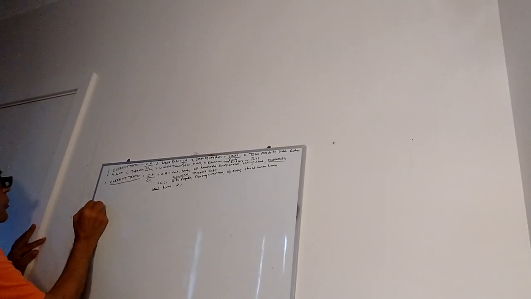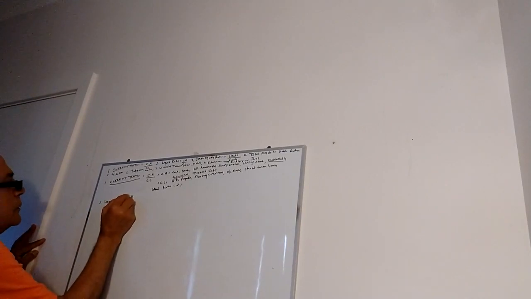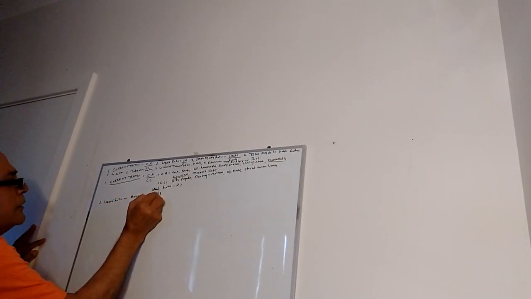Number 2, we are going to take liquid ratio. This is also called quick ratio, Q-U-I-C-K, quick ratio. Now liquid assets upon current liabilities.